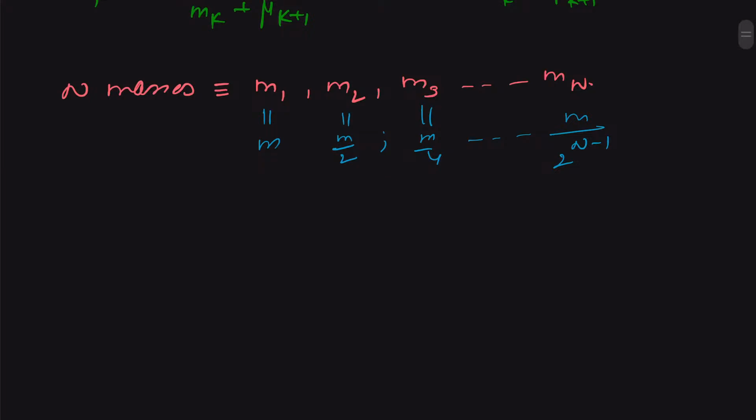And also in general we can write that our m of k will be equal to m over 2 to the k minus 1, where k varies from 1 up till capital N.